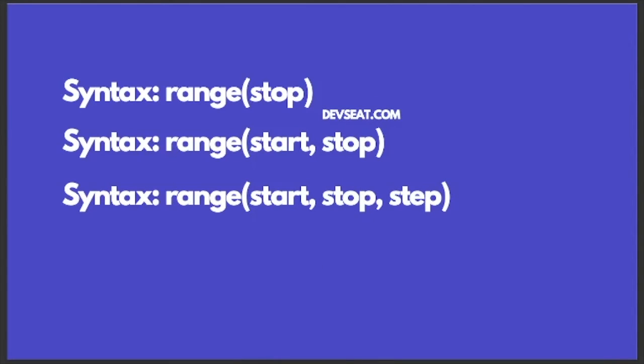So we can generate a range using any of these three forms, either by mentioning stop, or by mentioning start, stop, or by mentioning start, stop, step. We will see examples for all these things.